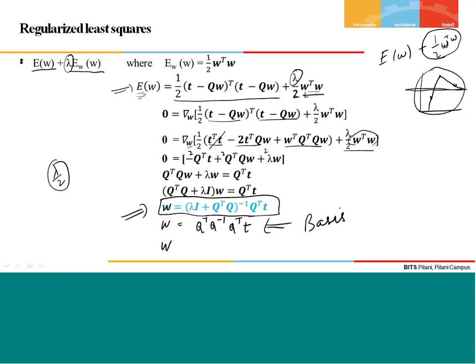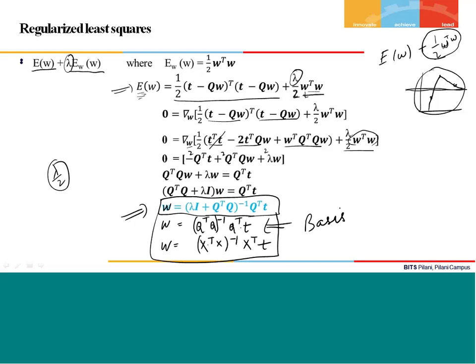And when you don't have basis functions, this is, oh my god, what I did. Q transpose Q, okay, this is this. So when you don't use basis functions, this is X transpose X inverse X transpose T. So these are the three different forms which we have discussed so far.